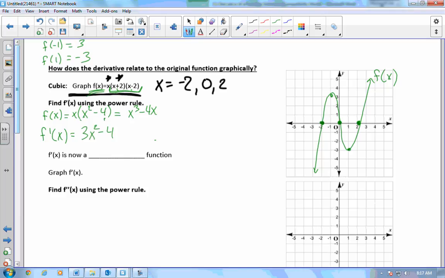Thanks for going back and saying that. f prime of x equals 3x squared minus 4. Do you agree? I think I agree.